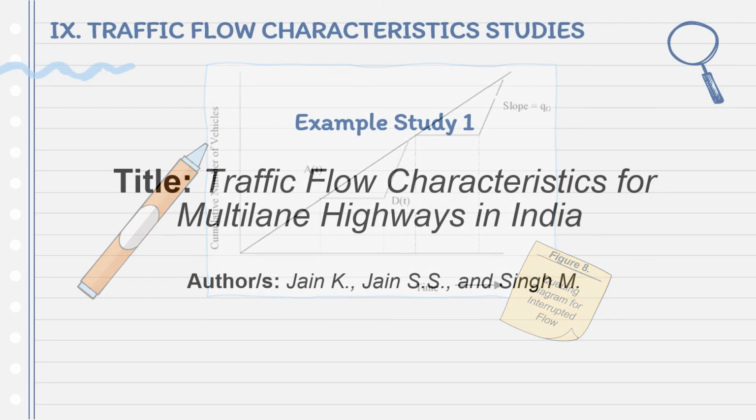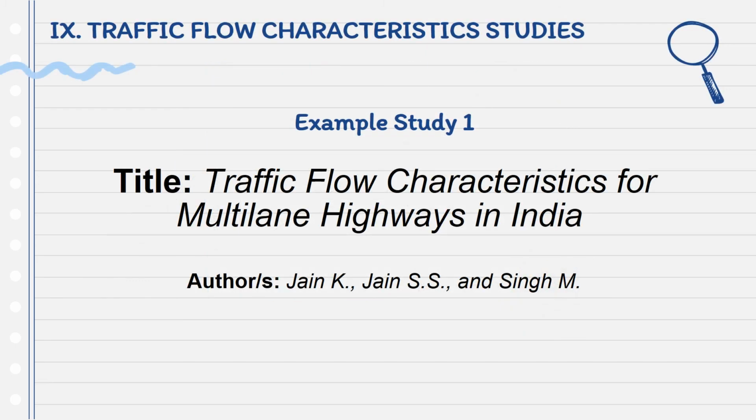Now we have the traffic flow characteristic studies. For example, study 1 is on the traffic flow characteristics for multi-lane highways in India, authored by Jain and Singh. The traffic composition of multi-lane highways in India comprises a wide range of vehicles in terms of their type, size, engine power, maneuvering ability, etc. This mix of vehicles with different operating capabilities results in a broad range of speeds.